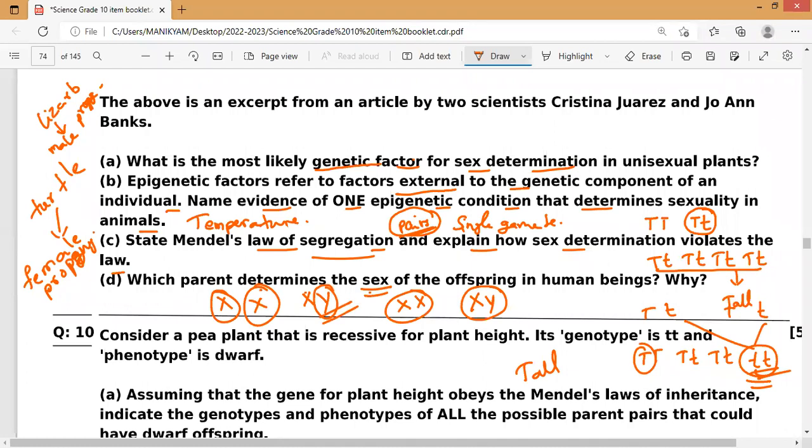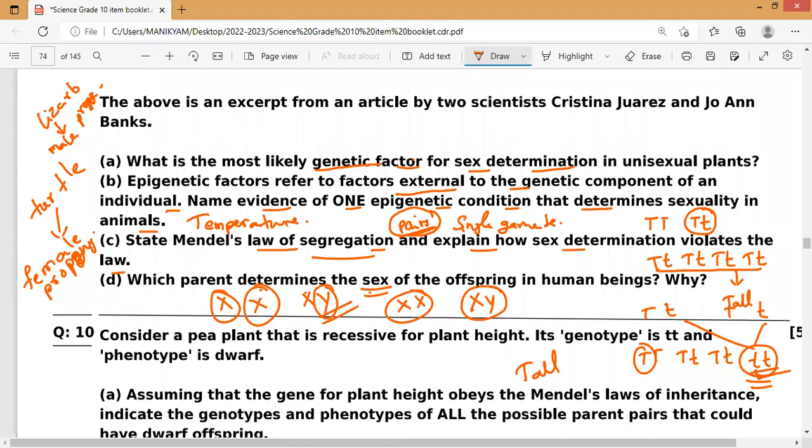So it is not possible to get a male body by using a single factor from the female body or the male body. Both will combine, and only then can we decide the sex. That is why the law of segregation is not applicable for sex determination in human beings.